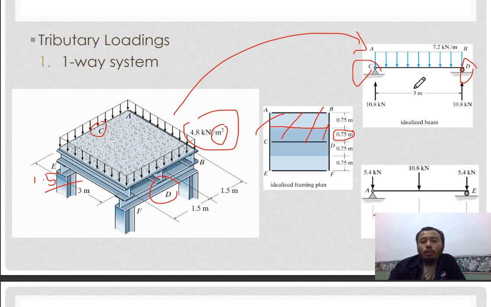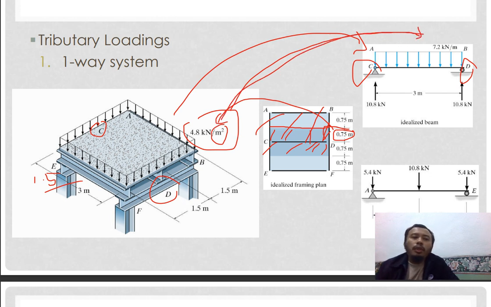There are two areas on CD. You have one here, and another one on the other side of beam CD. So 1.5 times 4.8, then you get 7.2 kilonewton per meter. So distributing load.